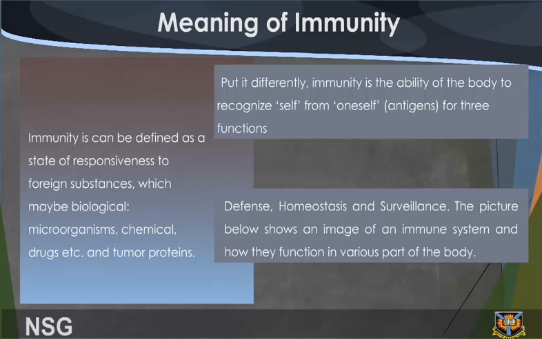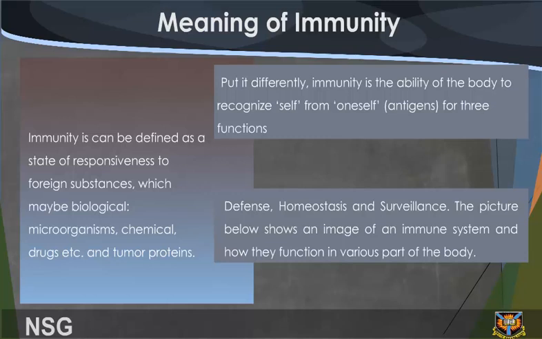Meaning of immunity. Immunity can be defined as a state of responsiveness to foreign substances, which may be biological, microorganisms, chemical, drugs, etc., and tumor proteins.